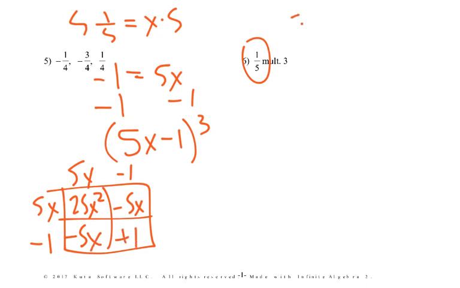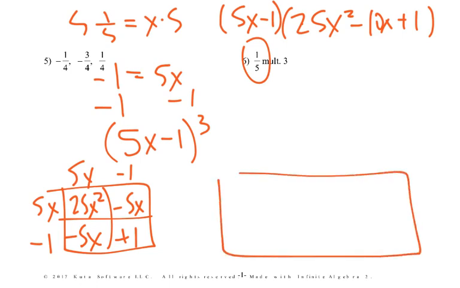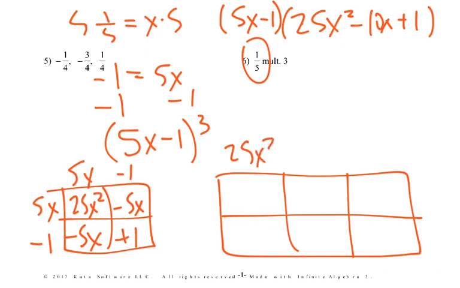So I get 25x squared minus 10x plus 1, and that is all still multiplied by the third 5x minus 1. Okay, so once more, 25x squared, negative 10x and 1, 5x and negative 1.